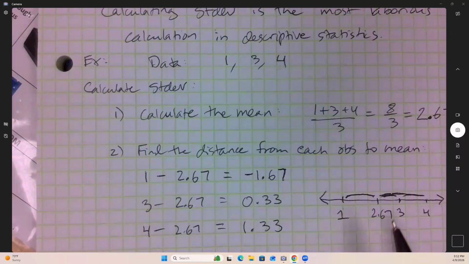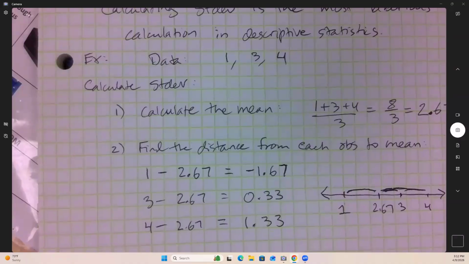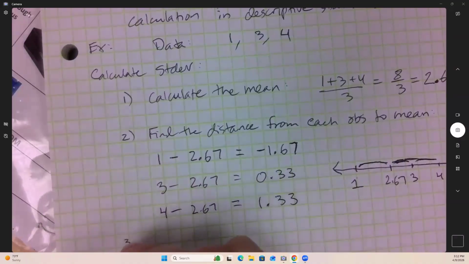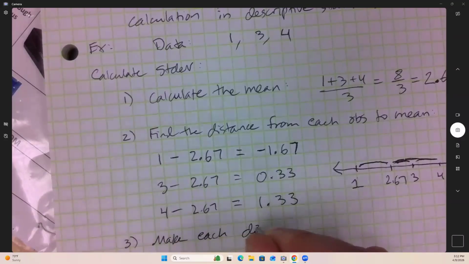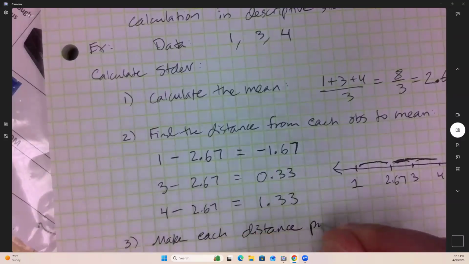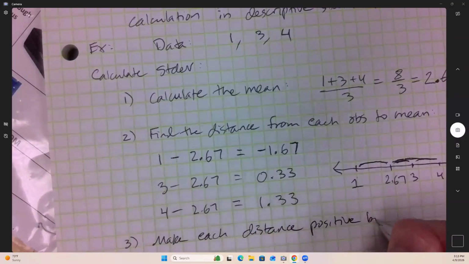Also, it has an additional benefit in that it penalizes farther observations more than it penalizes close observations because it stretches that number out. So we just want to make each of these distances positive. Make each distance positive by squaring them.